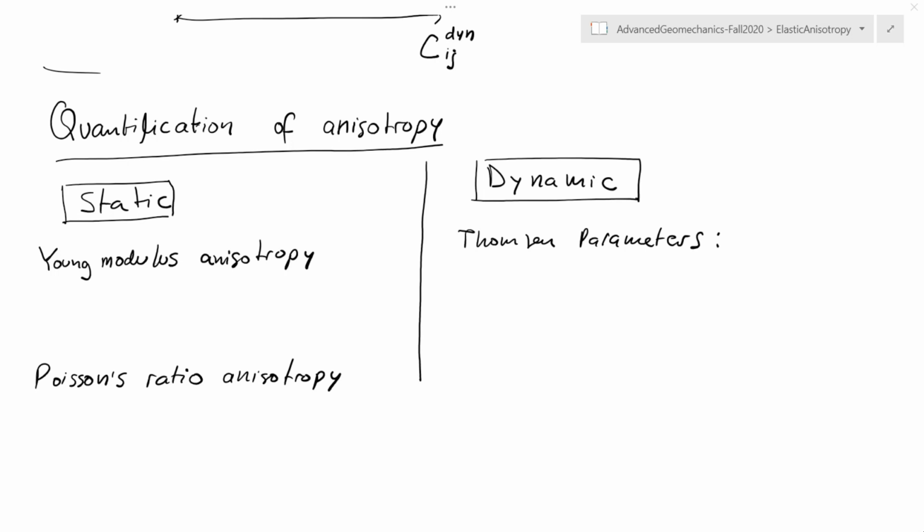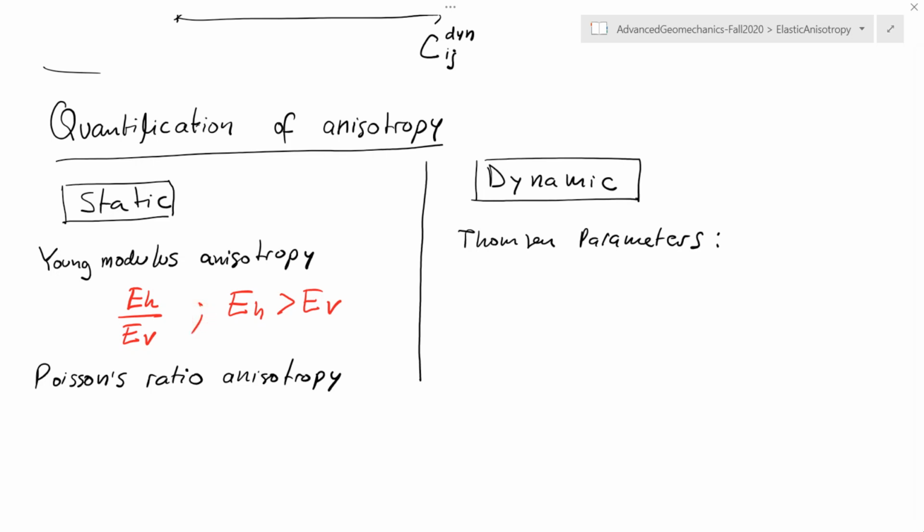What is usually done in order to quantify this anisotropy is to measure, for the static properties, the Young modulus anisotropy, and this is going to be the horizontal modulus divided by the vertical modulus, where the horizontal modulus is usually larger than the vertical modulus. So this ratio is usually larger than 1.